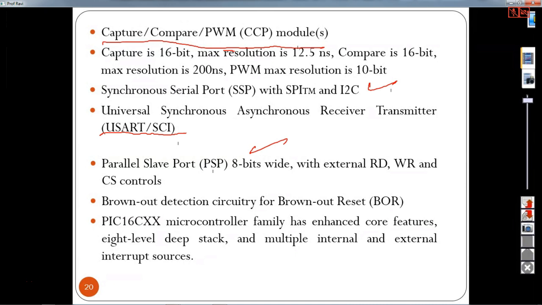So RA0, RA1 and RA2 can be analog inputs, or otherwise they can function as AN0, AN1 and AN2, other functions also. So multi-functions.